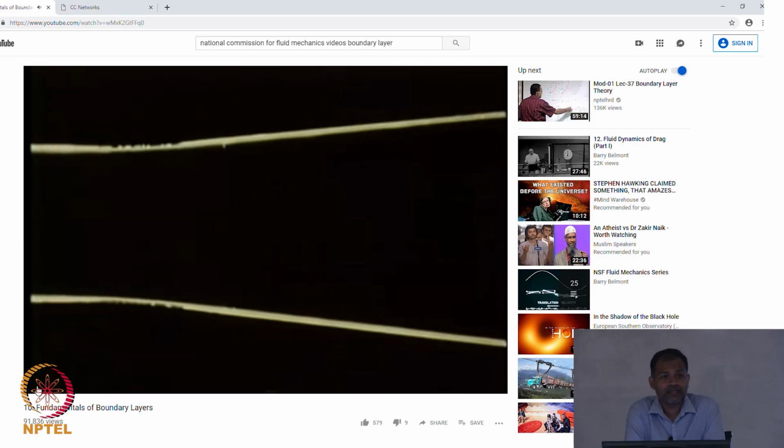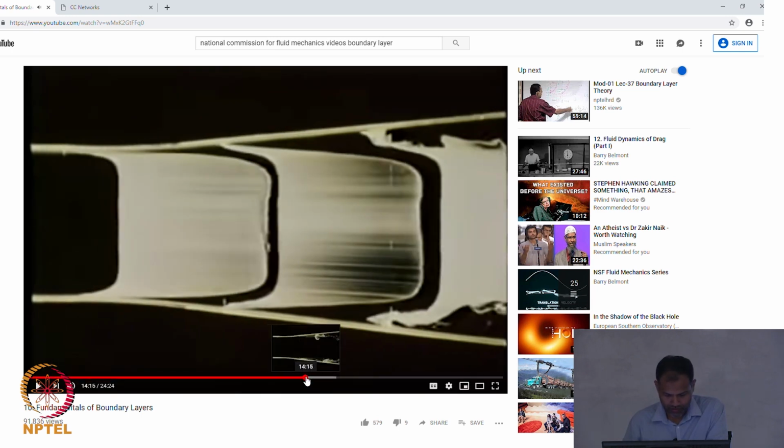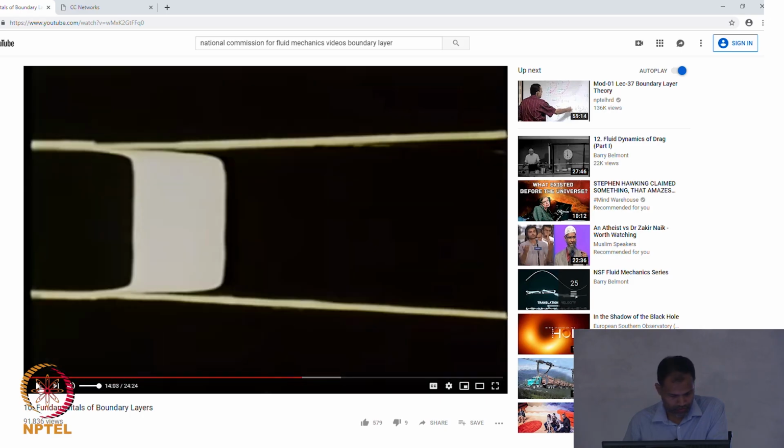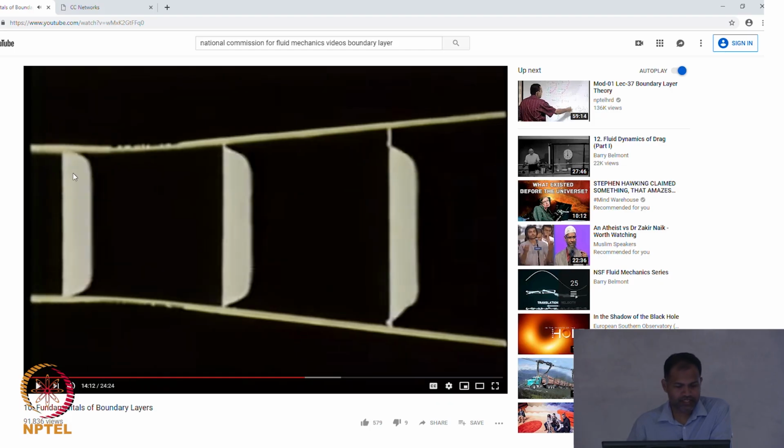Now they have taken a bigger, more diverging channel. So this is a band of hydrogen bubbles that has been inserted.